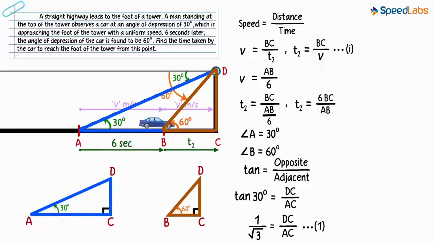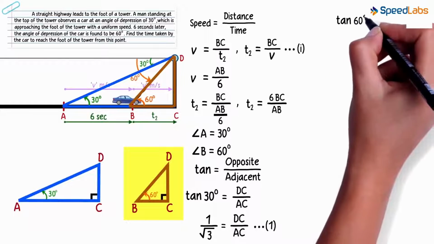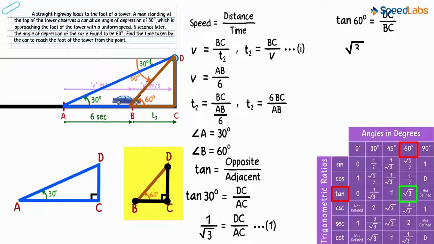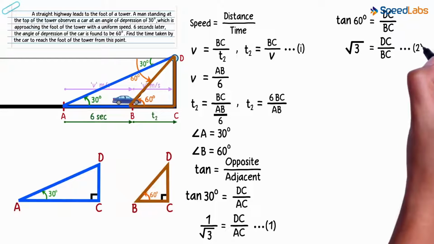Now let's look at the trigonometric ratios of angle B in the right triangle DCB. As we are interested in the opposite and the adjacent sides, we use the tan ratio again. So tan 60 is DC over BC. Using this table, we get root 3 equal to DC over BC. We name this equation 2.